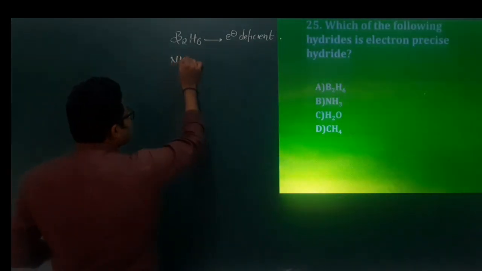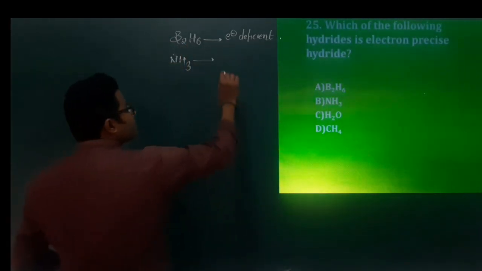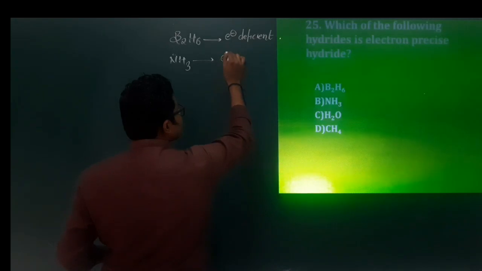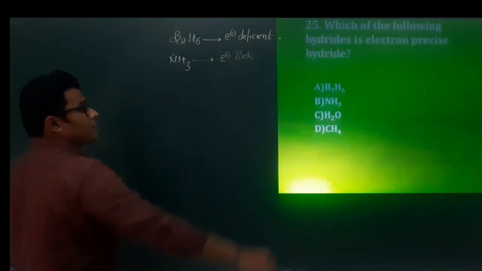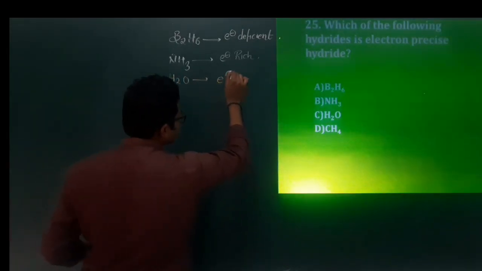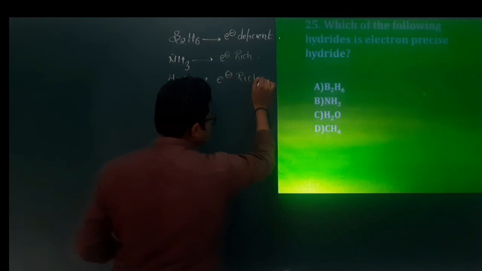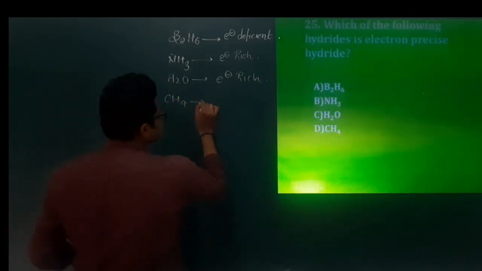While NH3 has a lone pair of electrons on the nitrogen, and therefore falls under the electron rich hydrides. Of course, even H2O falls under the same category of electron rich hydride. The final one is CH4.